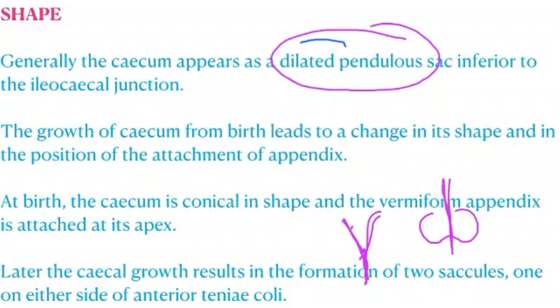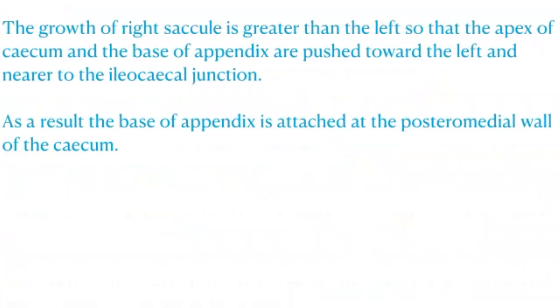Right one, anterior taenia coli, left one. So the base of the appendix is pushed towards the left and nearer to the ileocecal junction. As a result, the base of the appendix is attached to the posteromedial wall of the cecum. That is the developmental part.